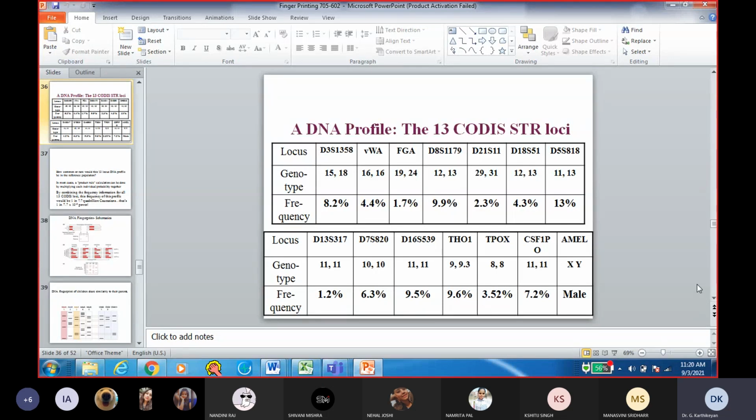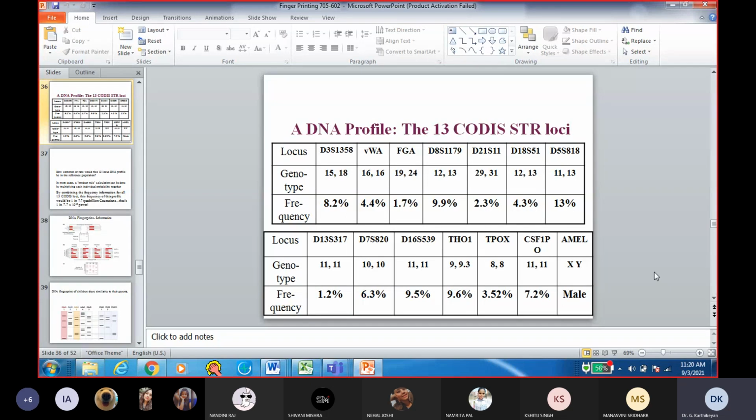Any allele that occurs frequently in the population has a certain frequency, and any allele that occurs rarely has a very rare frequency, or the frequency is fairly less. And so when you want to discriminate between two closely related individuals, a combination of these frequent alleles and a rare allele is going to give you a very, very high discriminatory power.